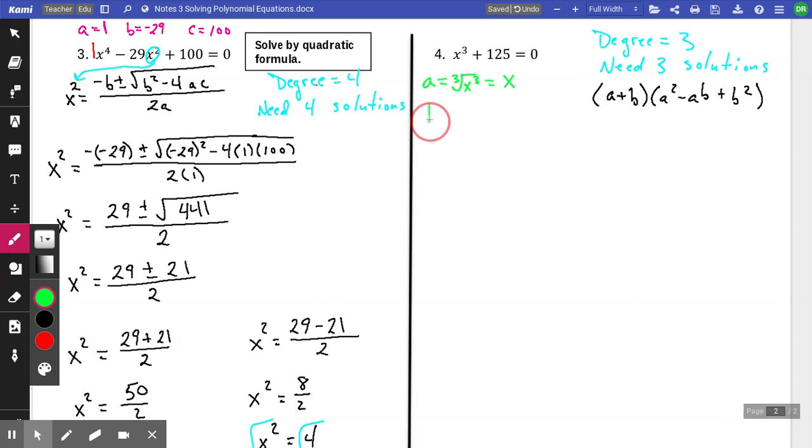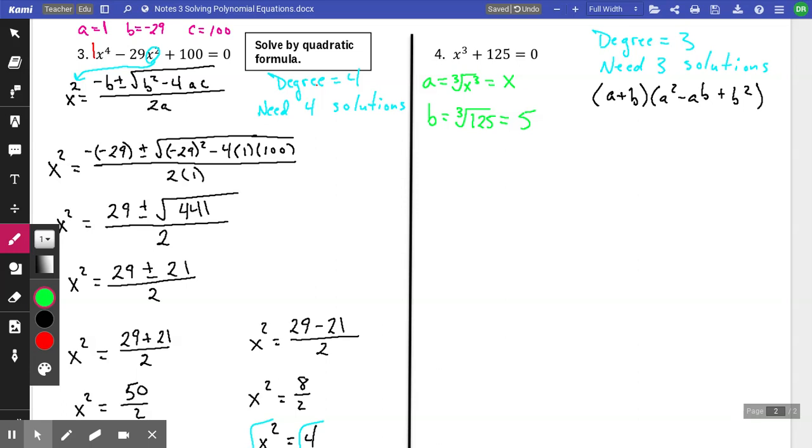So remember, b is going to be the cube root of your second term, so the cube root of 125. And you can either reason through in your head what number times itself again gives you that 125, or pull out a scientific calculator, type in the cube root of 125. It's going to tell you 5 for that reason that we've said. 5 times 5 times 5 equals 125.